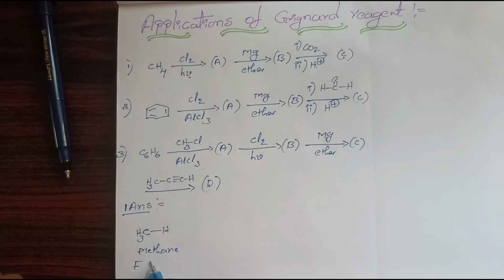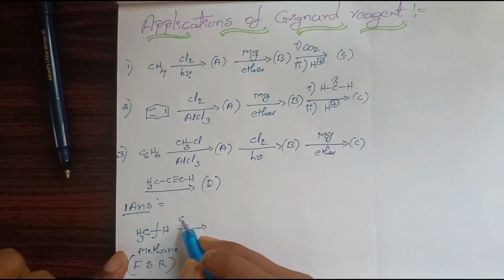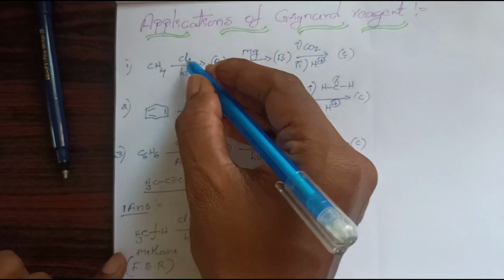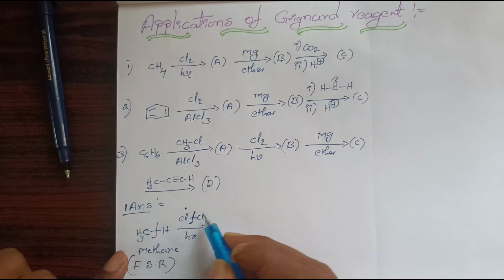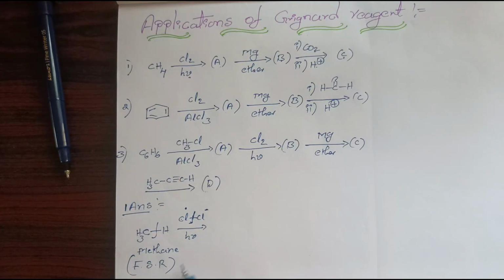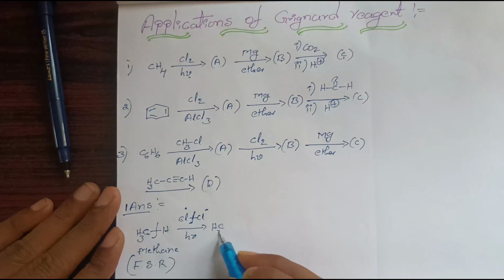The bond breaks in the presence of light like a homolytic cleavage: carbon existing as a radical, hydrogen leaving as a radical. The chlorine molecule's bond also breaks by homolytic cleavage, giving a chlorine radical and a chlorine radical. This chlorine radical attacks the carbon, and the other chlorine radical connects with hydrogen. So what is the product here?